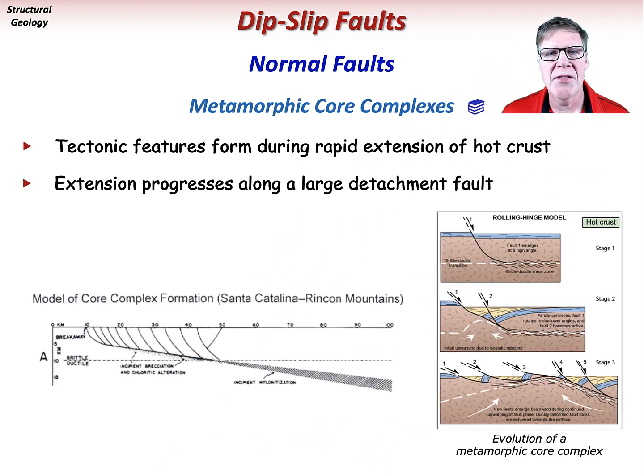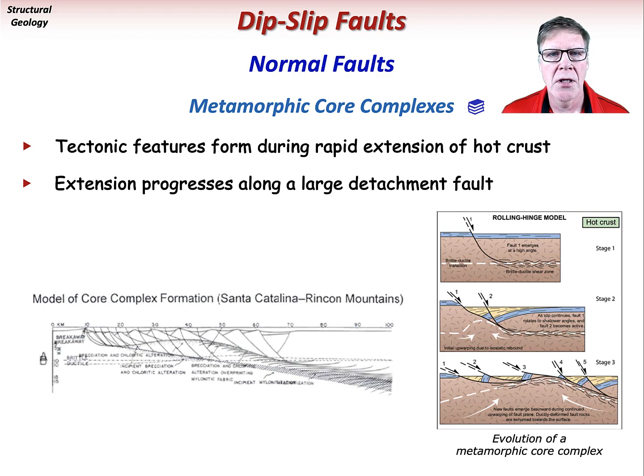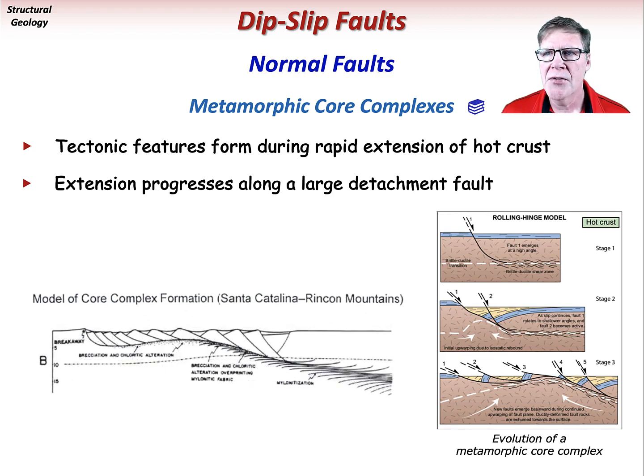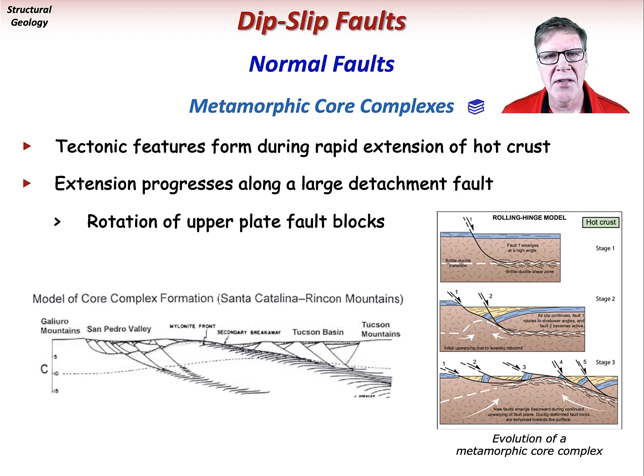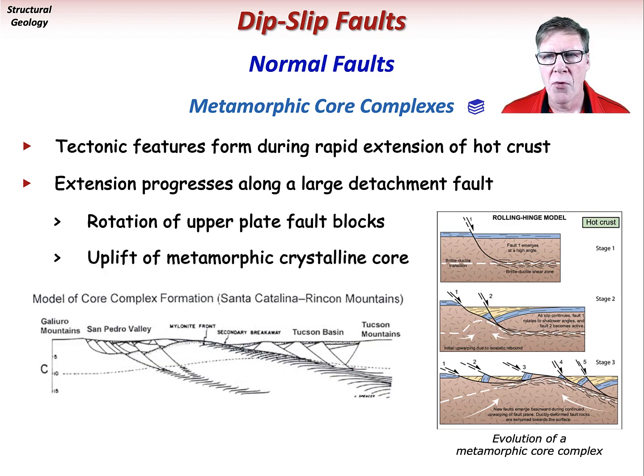As movement proceeds along a large detachment fault, the upper plate breaks up into separate fault blocks that rotate with continued extension. As the upper plate becomes progressively thinner, the deeper crustal metamorphic crystalline rocks of the lower plate begin to rise and eventually become exposed. Thus, a metamorphic core complex is formed.